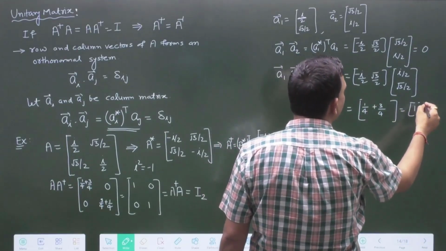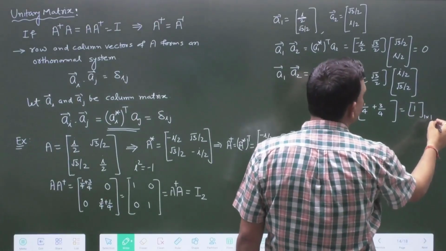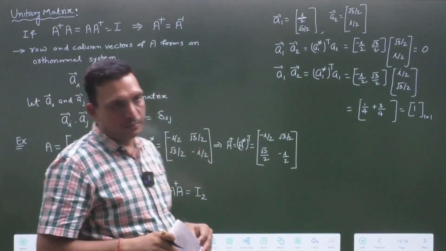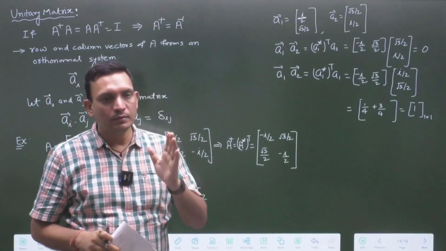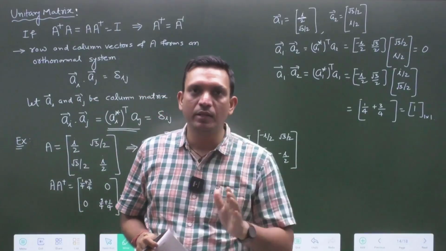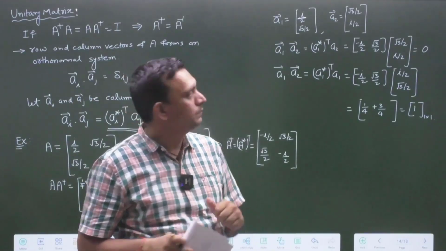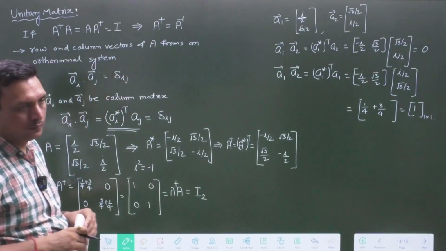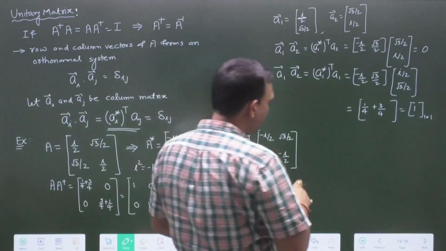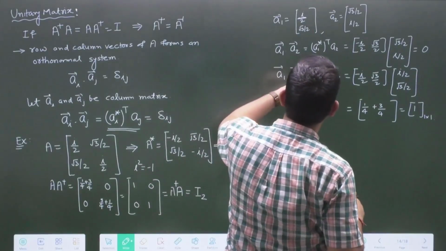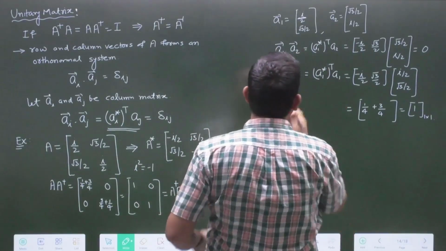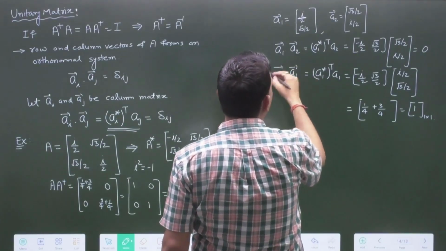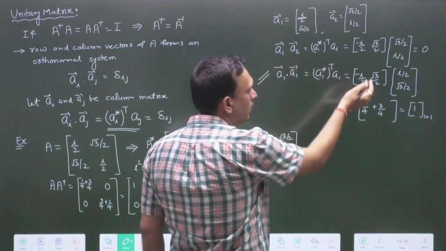So this will be 1 cross 1. So they form an orthonormal system. Similarly, you can verify it for 3 cross 3, 4 cross 4, any matrix that is given. Please correct it: this is A1 dot A1. So A1 dot A1 is 1, A1 dot A2 is 0.